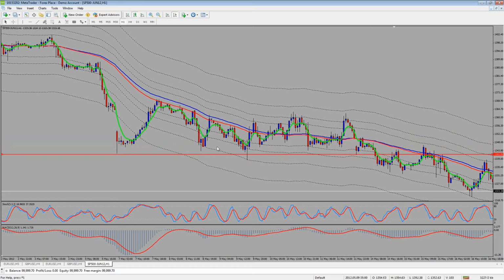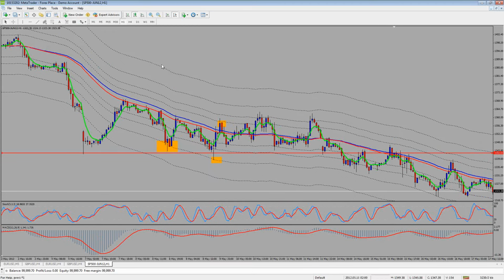You can see here how it stopped exactly around this level, or how here, or here, the prices stopped.